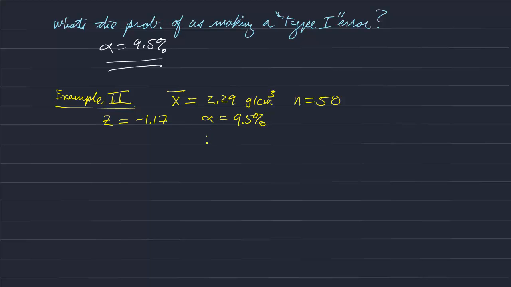So the critical z value is still the same, 1.67. And we find that the absolute value of that new z value is less than our critical value.